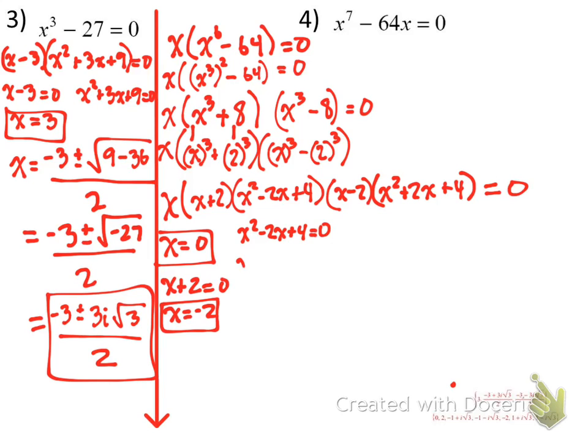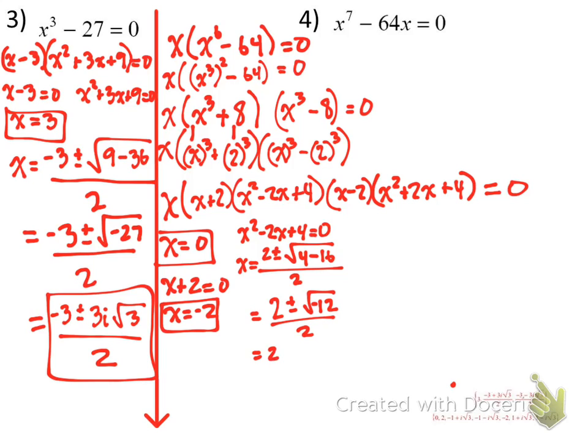Using our quadratic formula, we have negative b, so it's going to be 2 plus or minus the square root of b squared minus 4 times a times c, so it's going to be minus 16, all over 2a, which is just 2. That is 2 plus or minus the square root of negative 12, all over 2.